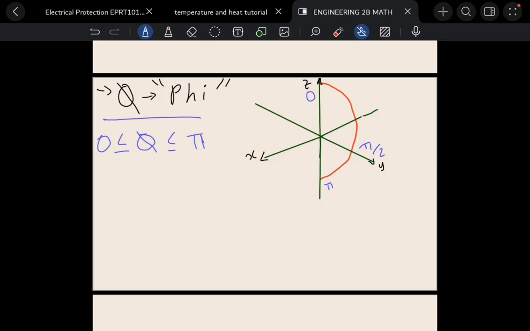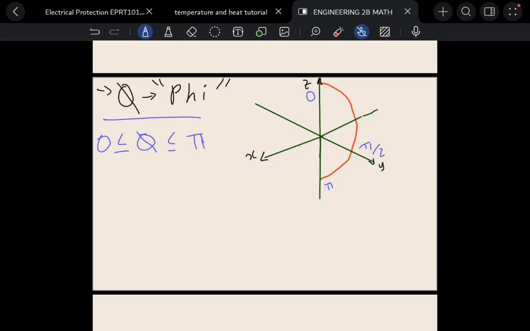Your Y-axis or the X-axis, doesn't matter anyway, will always have the second reference of pi over 2 radian, and your negative Z-axis will always have our maximum bound for phi, which is going to be pi.